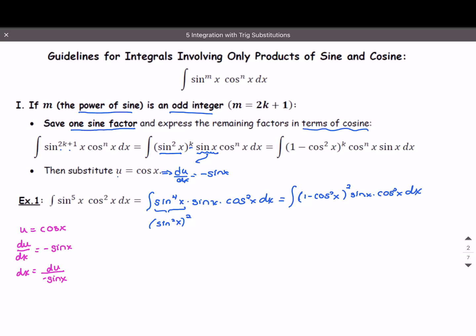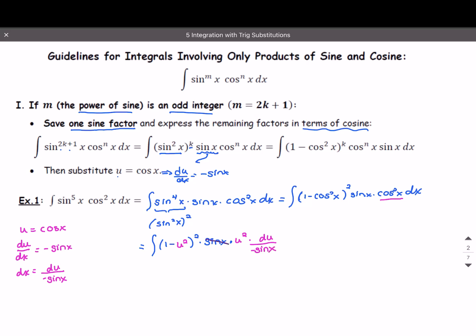If we make this substitution, we're going to have the integral of 1 minus u squared, squared, times sine x, times, now that cosine squared x here is another u squared, times our dx, which is du over negative sine x.